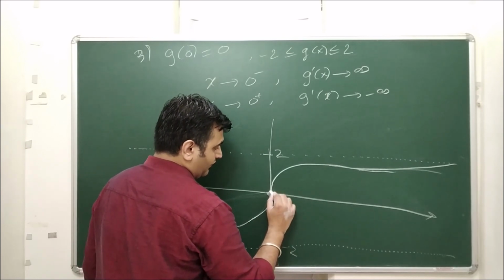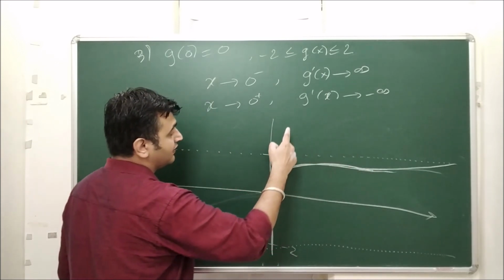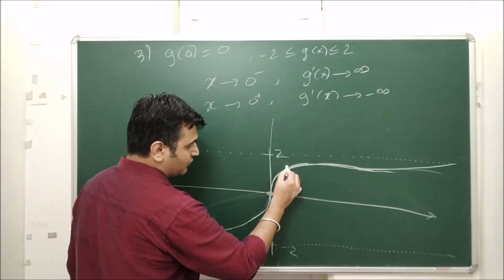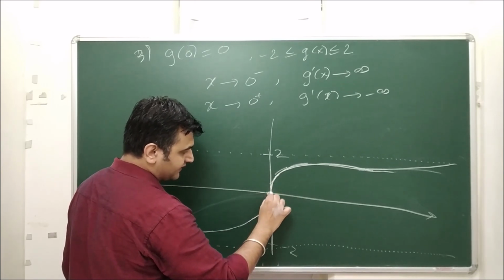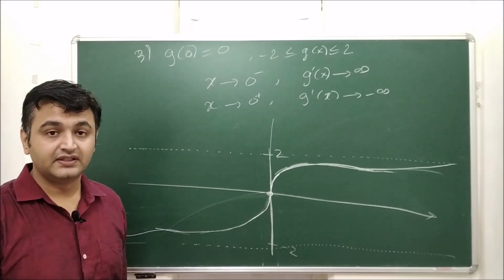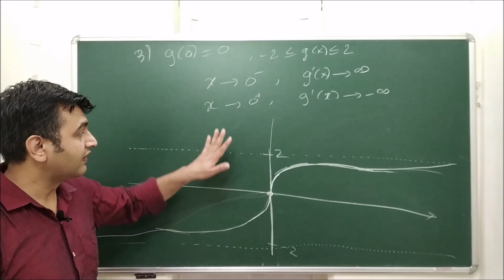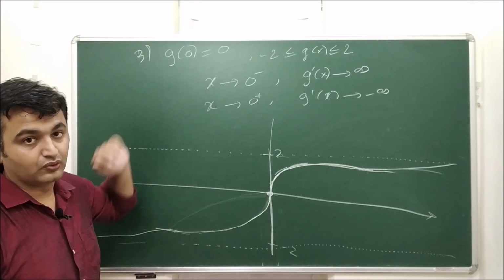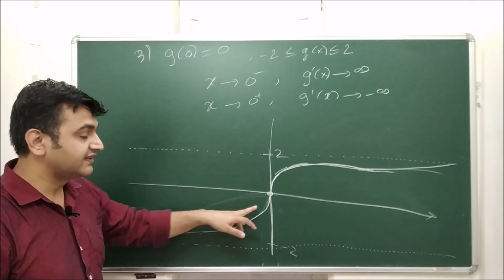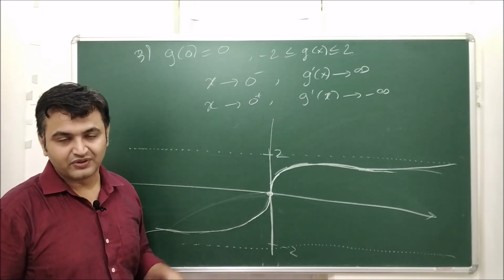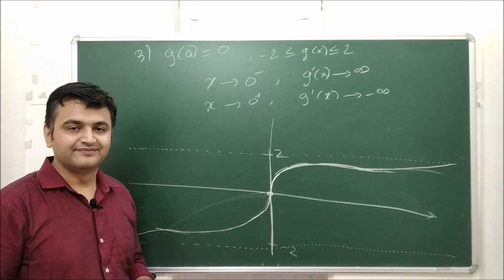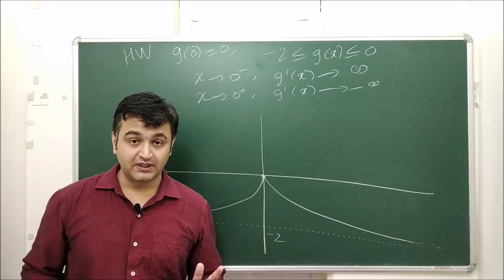Here also it's increasing like this, but you can see the slope is like this, so it's minus infinity. So this is how the graph for this function will look. So tangent line exists, but the derivative does not exist.